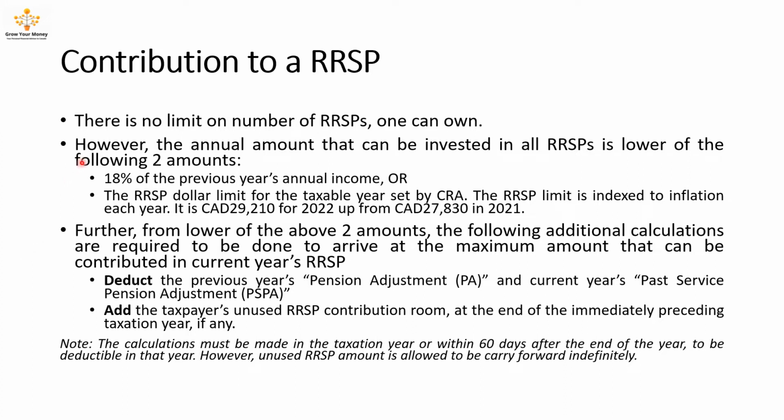Out of the lower of these two amounts, we need to deduct the previous year's pension adjustment and the current year's past service pension adjustment (PSPA), and thereafter we have to add the taxpayer's unused RRSP contribution room at the end of the immediately preceding taxation year, if it is available.